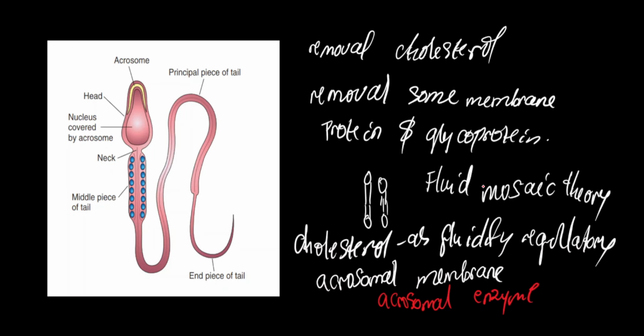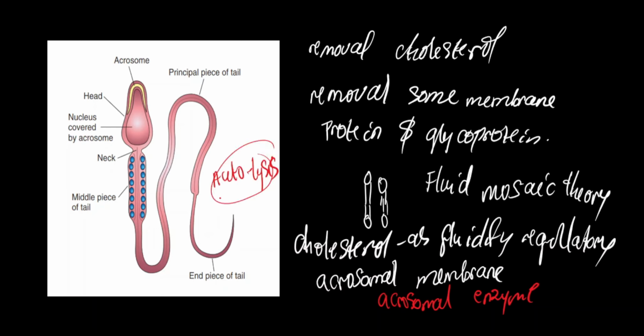Why is it so important to have this cholesterol that potentially prevents leakage of acrosomal enzymes? As I stated earlier, these acrosomal enzymes are highly proteolytic, and in a situation where they are not properly confined to the acrosome, they could leak away from the sperm and potentially digest the male reproductive system.